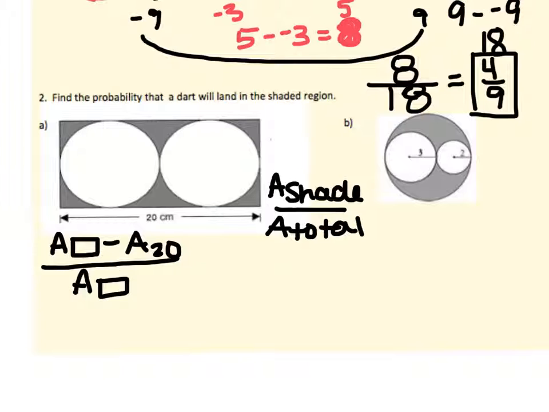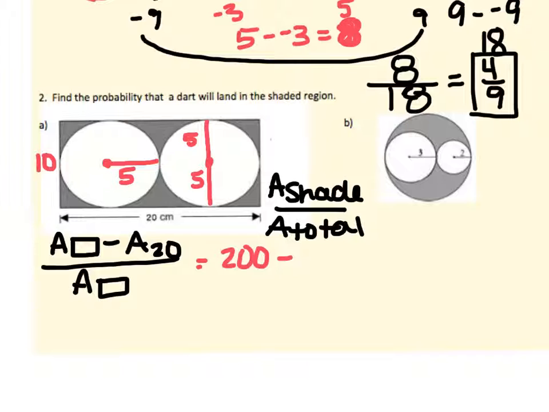If I look at this picture here, I have the whole width of the rectangle to be 20. That means each circle has a diameter of 10 or a radius of 5. And if they each have a radius of 5, the height of this rectangle is going to be 10. So the area of the rectangle is going to be 200.